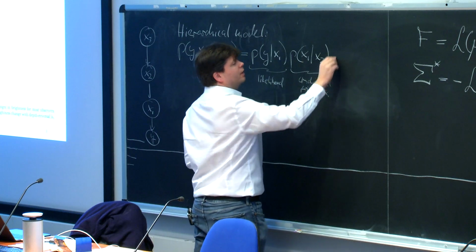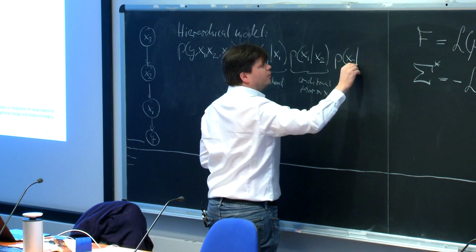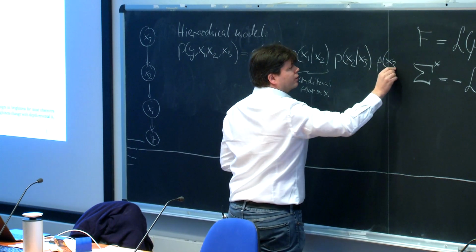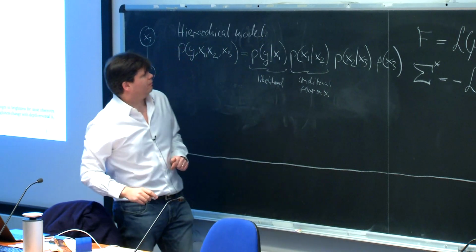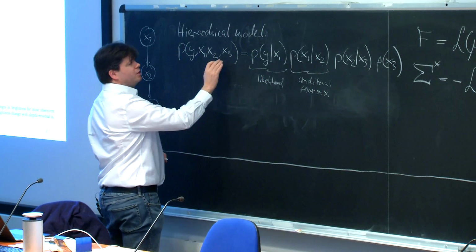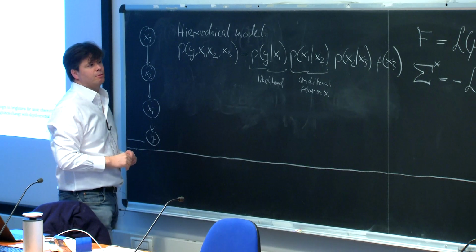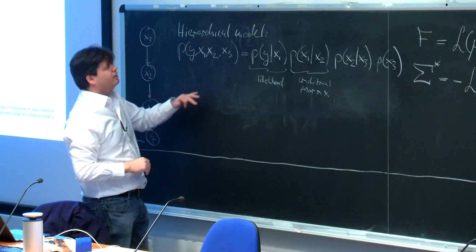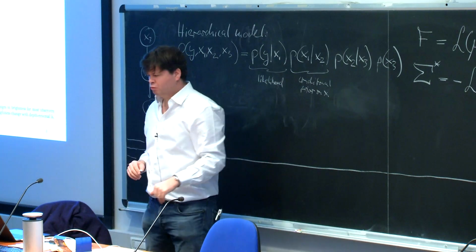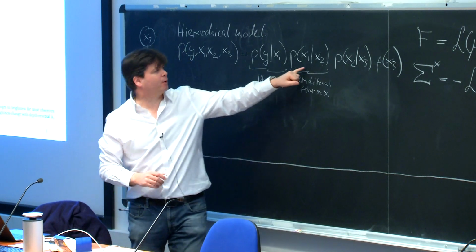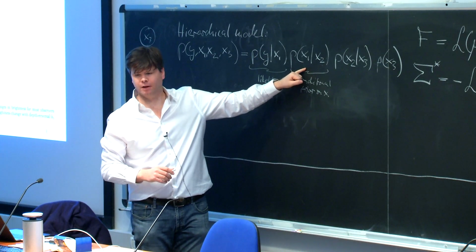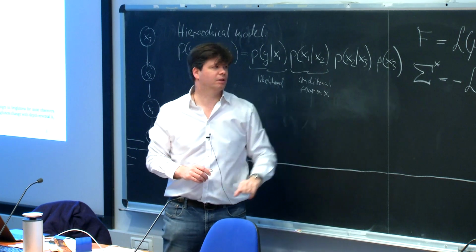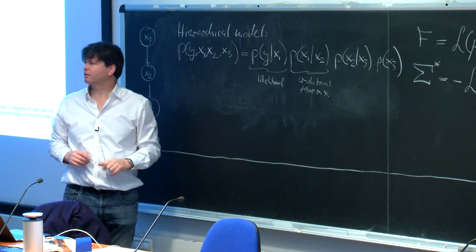Now we need a prior on x2, x2 given x3. And then with x3, we're finished. And this equality holds because of the product rule of probability. And this is what we call a hierarchical model when we have a prior that is itself a conditional distribution on a higher level, and so on. That's what makes it hierarchical.